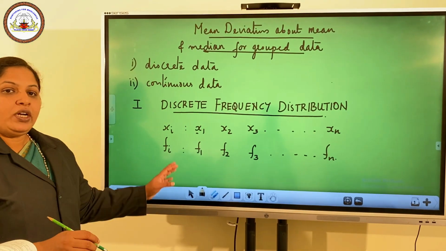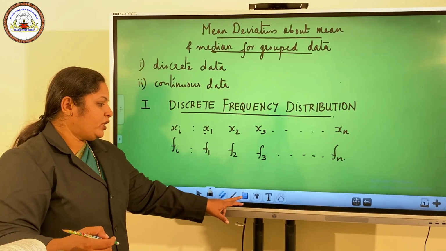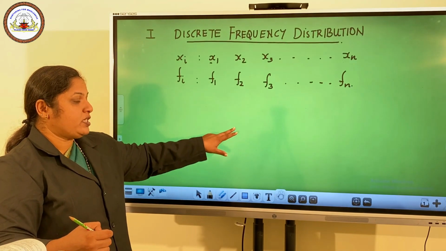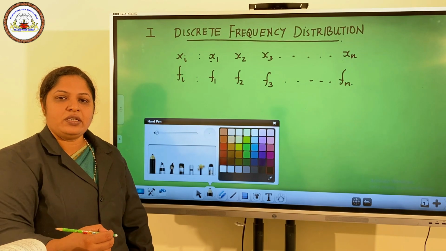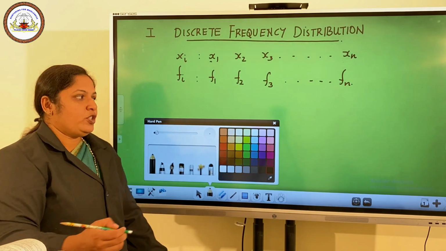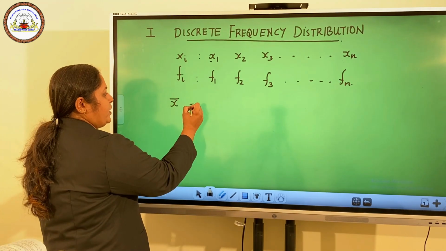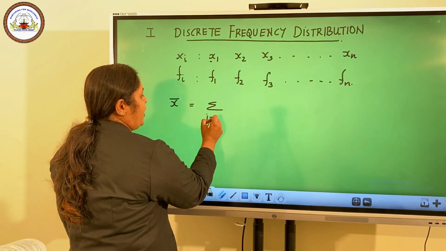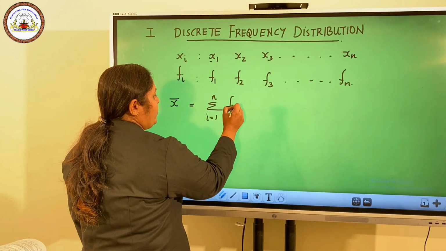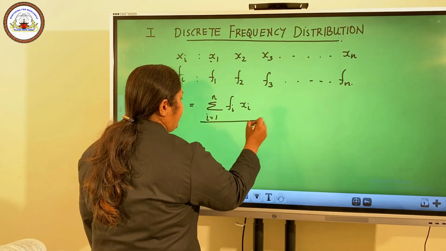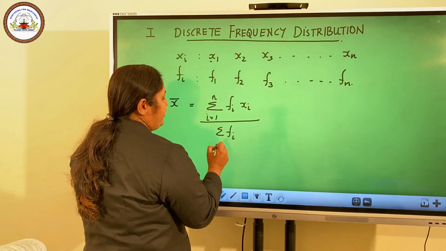Now we need to learn how to find the mean for this discrete frequency distribution. To find the mean, that is x bar, it is the sum of i from 1 to n of frequency into data value, divided by the sum of frequencies.